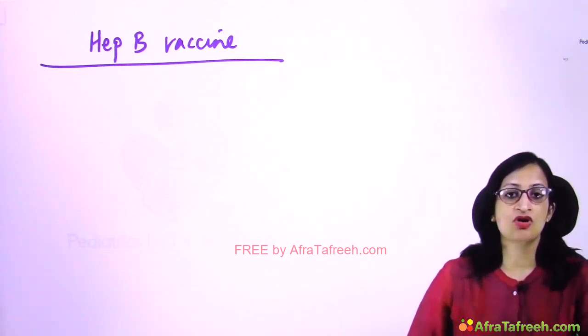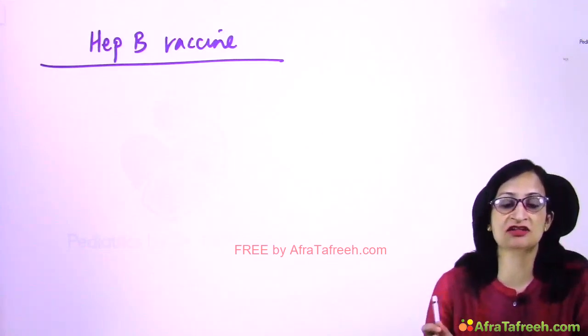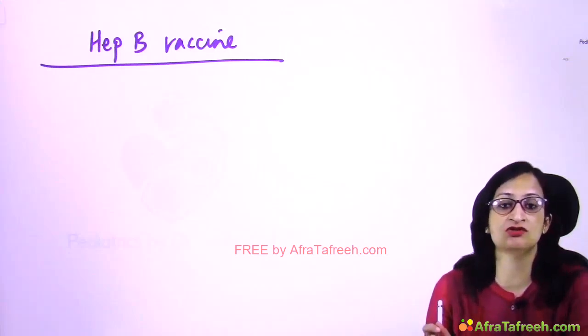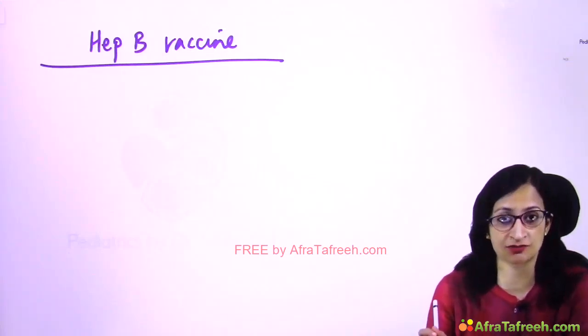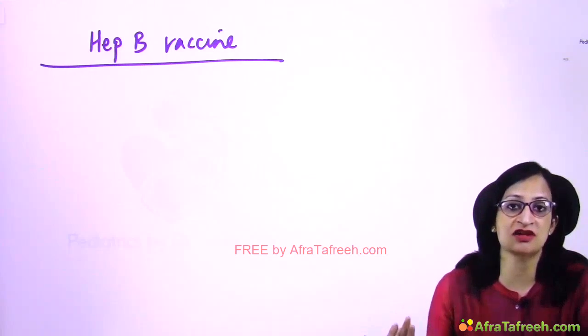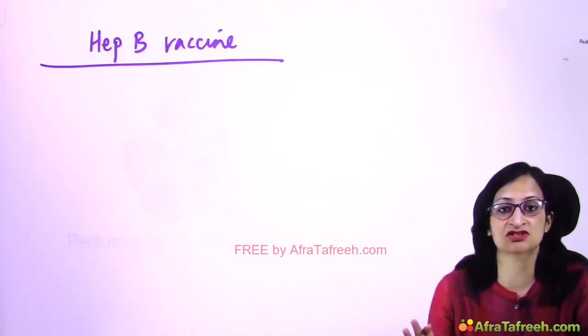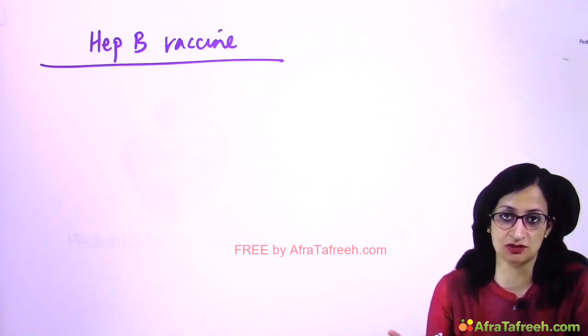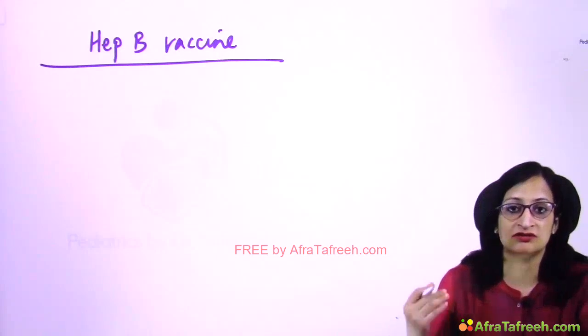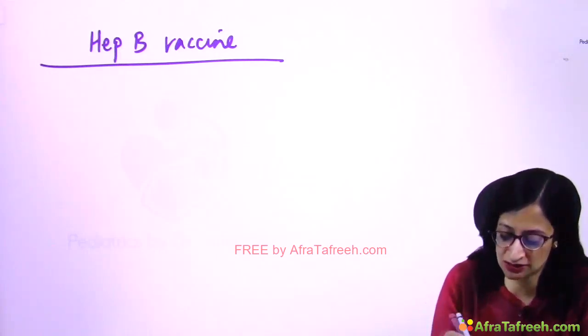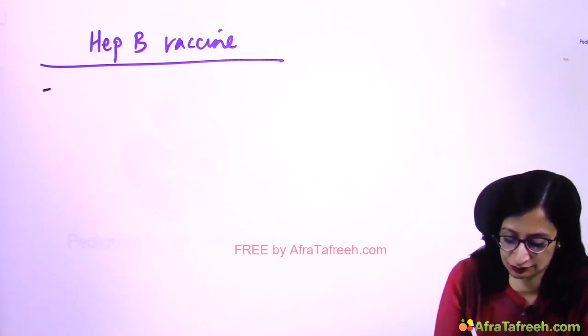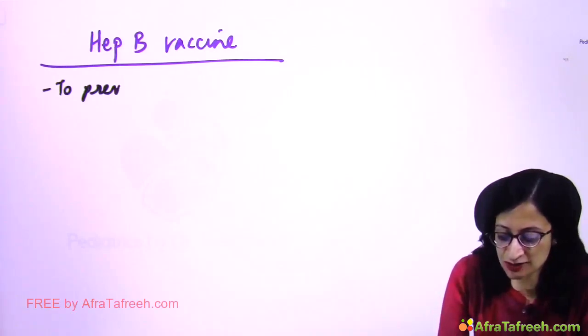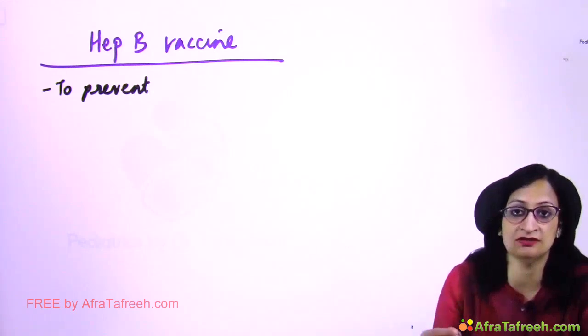Moving on to hepatitis B vaccine. We already mentioned that hepatitis B vaccine 0 dose has been advocated, which should be given within 24 hours after birth. Thereafter, hepatitis B vaccine is a part of the pentavalent vaccine, which is given at 6, 10 and 14 weeks. The role of the birth dose is basically to prevent hepatitis B transmission from mother to baby.